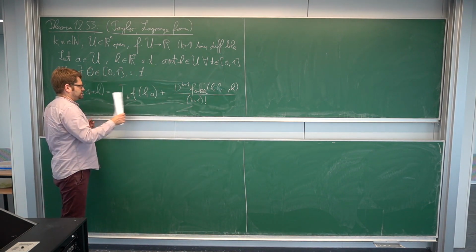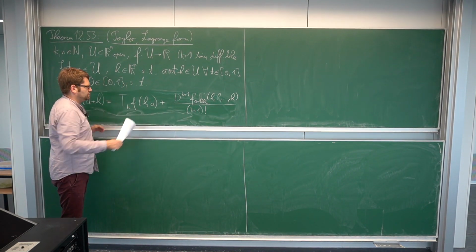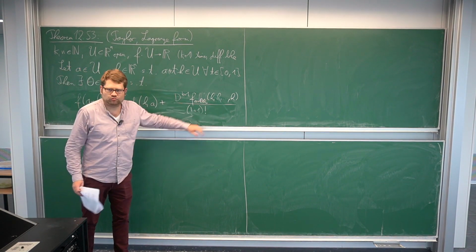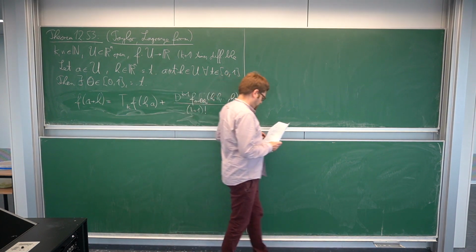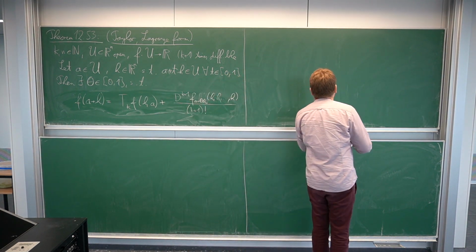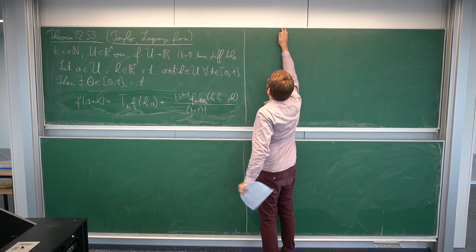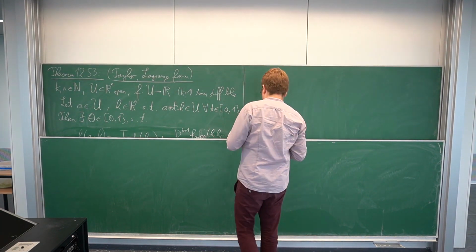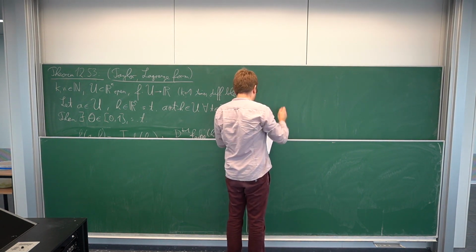So this tells us that it deviates from this polynomial by this expression here. Now, how to see this? The idea is really to trace it back to the one-dimensional setting, use the single variable Taylor theorem in the Lagrange form, and then re-obtain the multi-dimensional one.